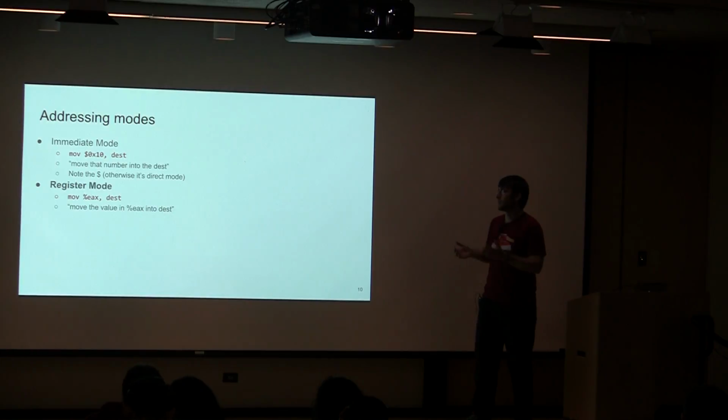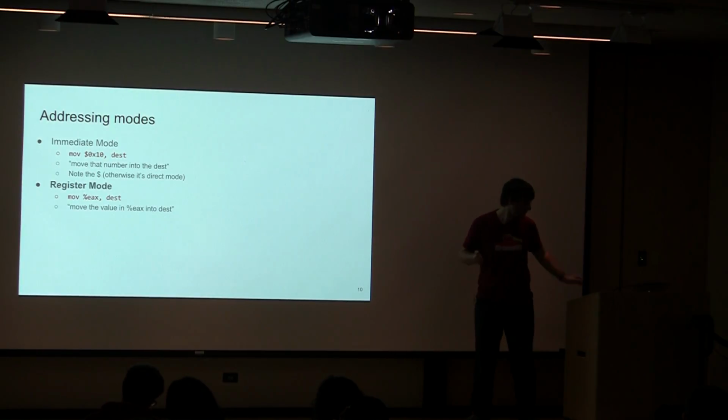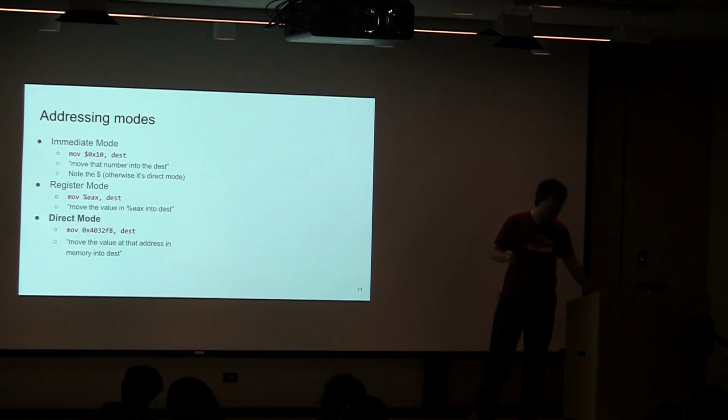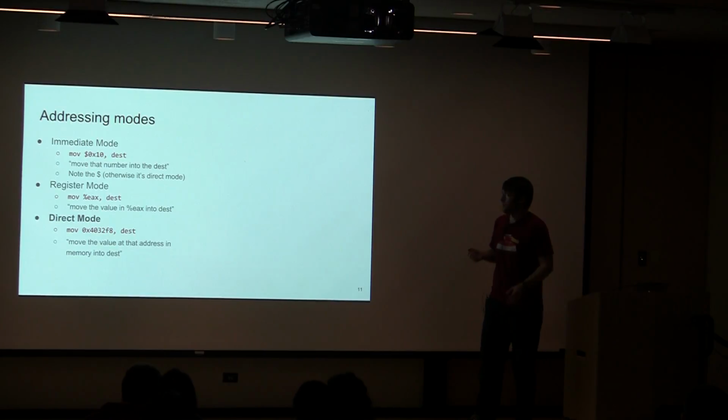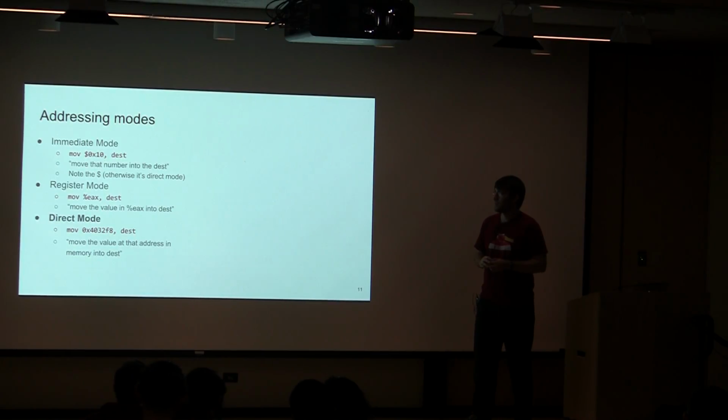We're moving that number into the destination. Direct mode looks a lot like immediate mode, but it doesn't have that $ sign. And the difference is if there's no $ sign, then it's not a numeric constant, it's a memory address. So direct mode means go to that address in memory and move the thing at that place in memory into the destination.